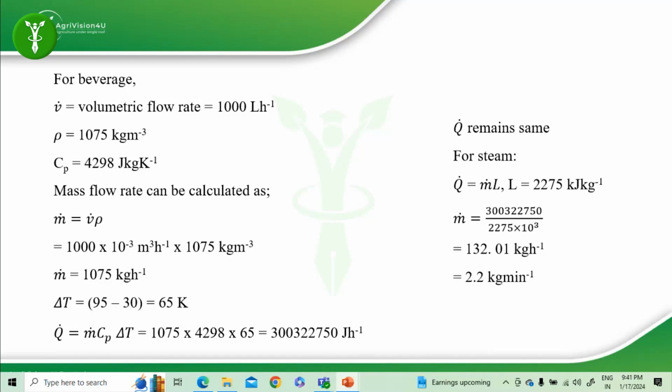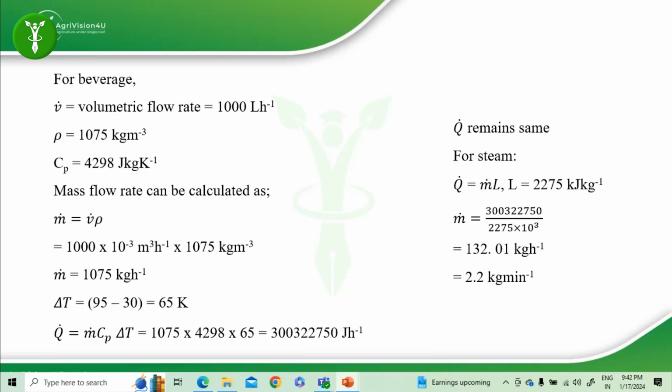Now how can we calculate the mass flow rate for the beverage? All the calculations we are doing here are with respect to the beverage only. We have been provided with the volumetric flow rate. The simple formula is density equals mass upon volume, so to get the mass flow rate, we multiply the volumetric flow rate by density.